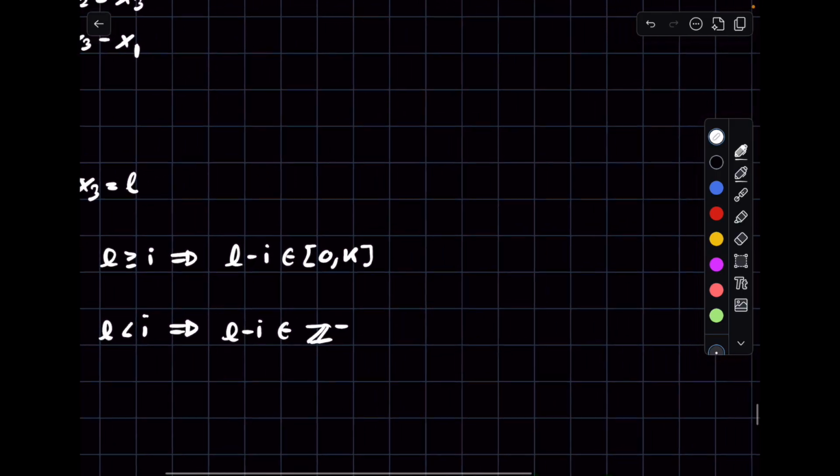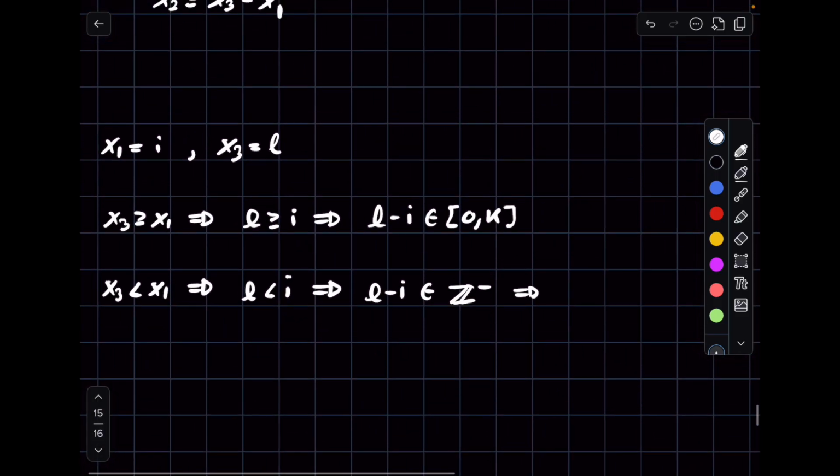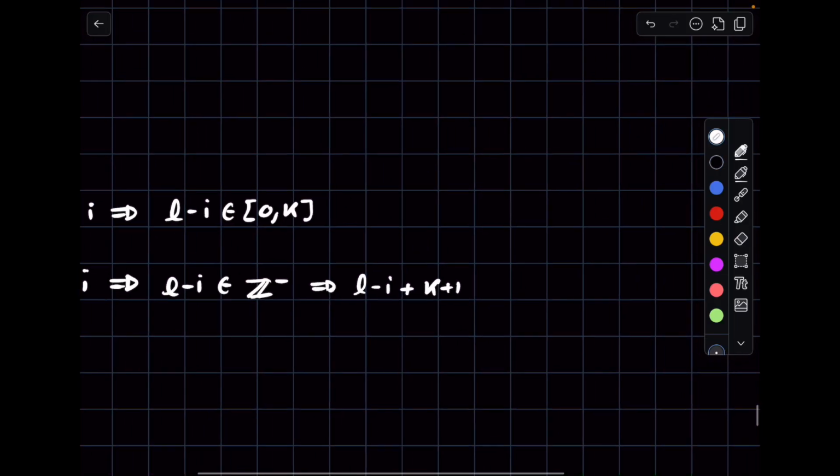So what can we do? Well, simply put, we can wrap it around with K plus 1. K plus 1 will make a wrap around, right? And wrapping around means we make it positive again. So we can do L minus I plus K plus 1, and that's it.